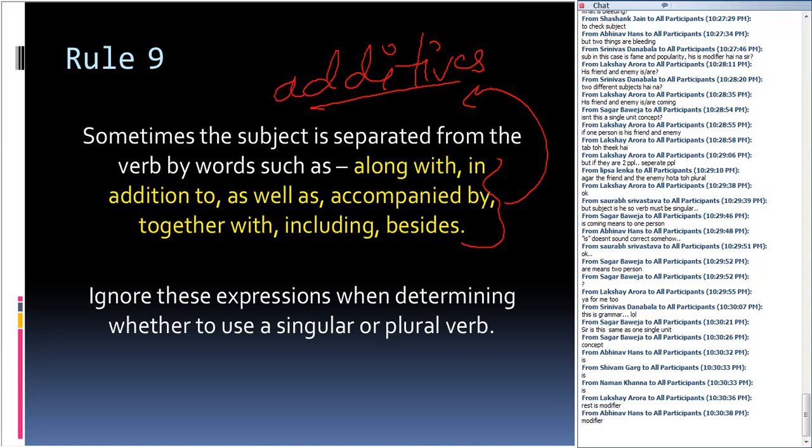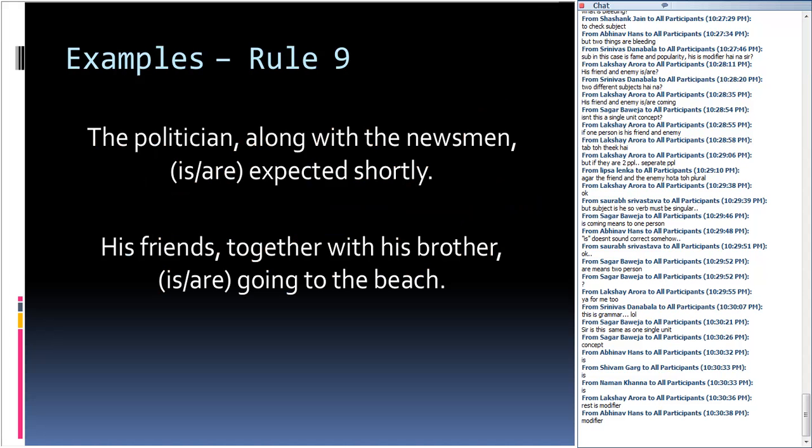Okay? So, ignore these expressions when you are trying to find out whether to use a singular or a plural verb. For example, the politician along with the newsman, क्या होगा? Is or are expected shortly.